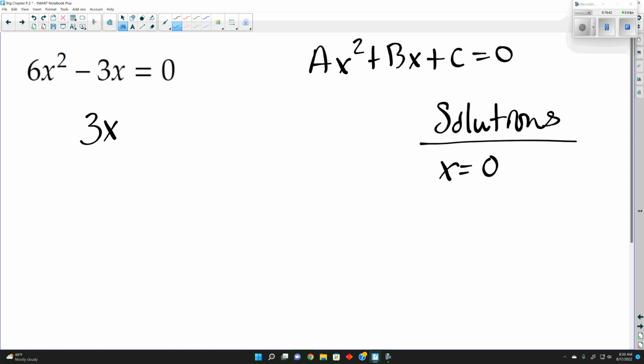If I factor 3x out of 6x squared, I'm left with 2x, minus, because we didn't factor out a negative, so it's still minus. If I factor 3x out of 3x, I'm left with 1, is equal to 0.